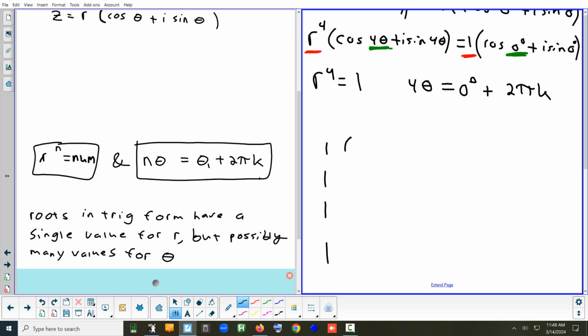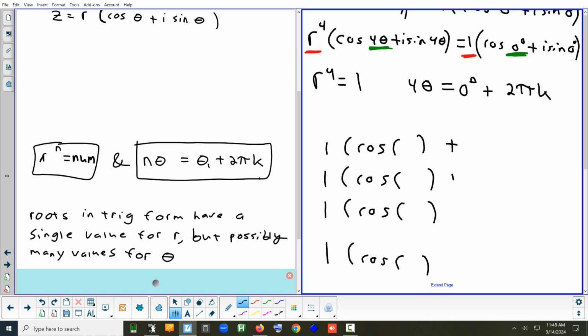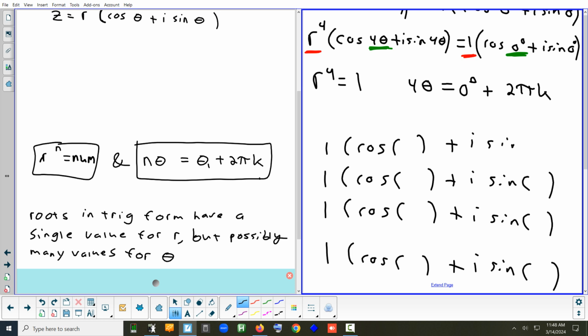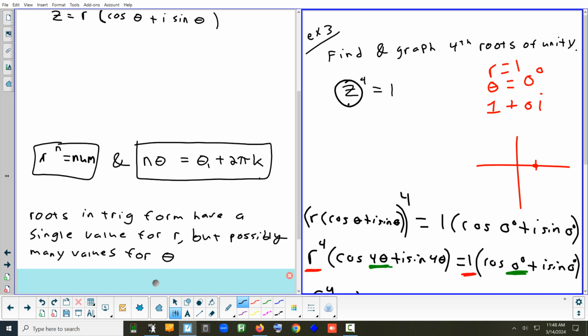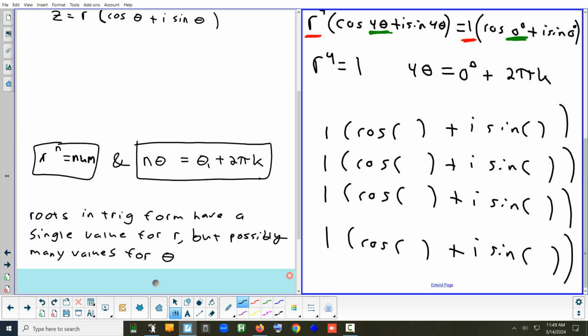And we could also set up where we're going to fill in our angles. So this is how all the answers are going to look. We just have to figure out what the angle is going to be in all 4 of them.